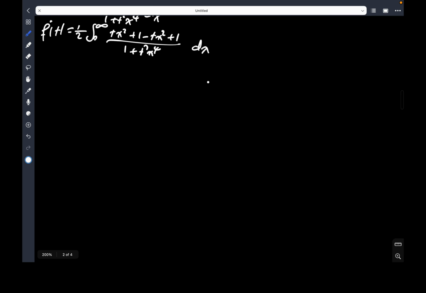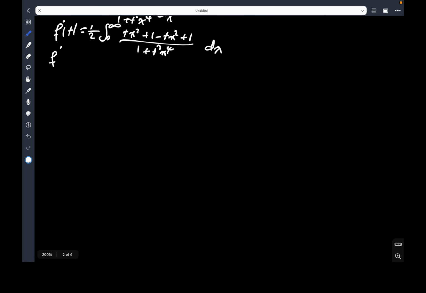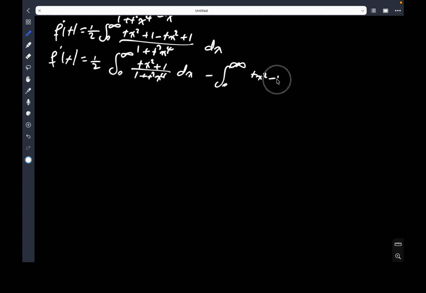So right now I can split my integral. It's going to become half the integral from 0 to infinity of tx squared plus 1 divided by 1 plus t squared x to the 4 dx minus the integral from 0 to infinity of tx squared minus 1 over 1 plus t squared x to the 4 dx. And don't forget the half here.